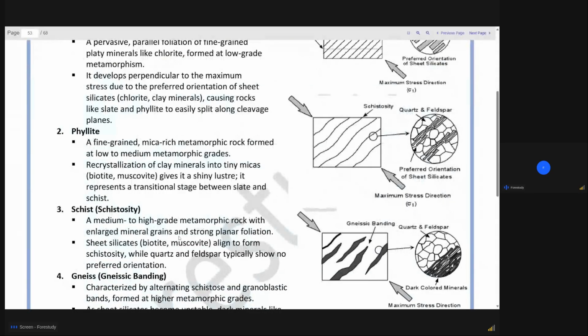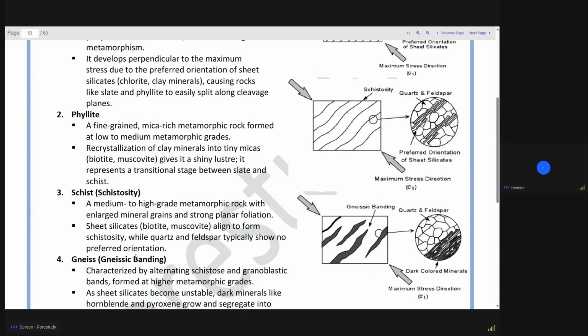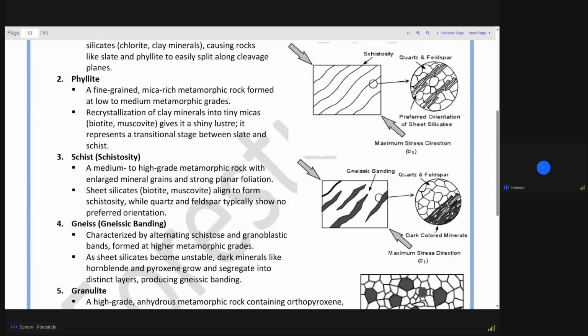All these minerals will be well oriented, and will form a well-developed foliation, a plane of weakness or planar laminations, with sheet silicates, biotite and muscovite aligned. So, with enlarged mineral grains and strong planar foliation, schistosity forms, while quartz and feldspar typically show no preferred orientation.